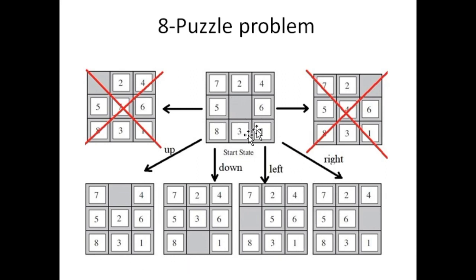So we can represent this initial state as a root node, and then this node will be our child node. In the same way, this is another child. If we apply these actions on this node, this will also generate new states. So this will become a parent node, and the newly generated nodes, when we apply these actions on this state, will be its child nodes.